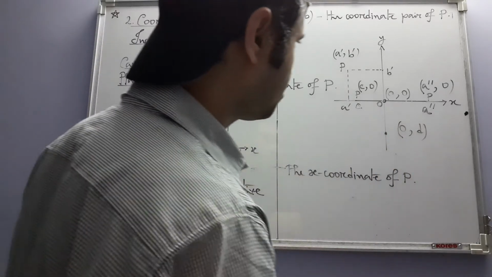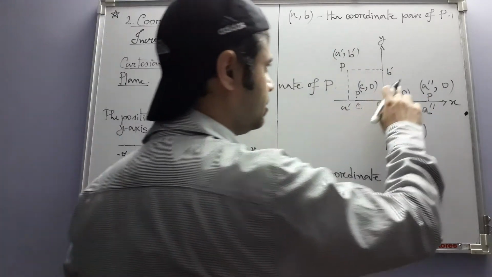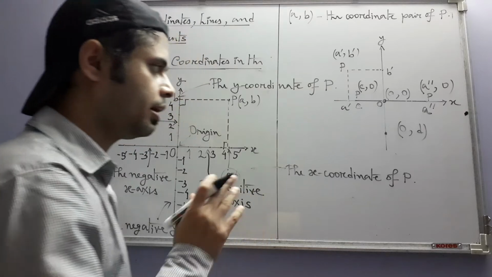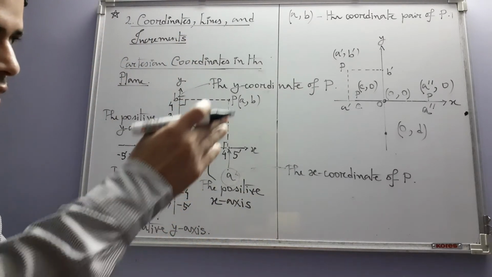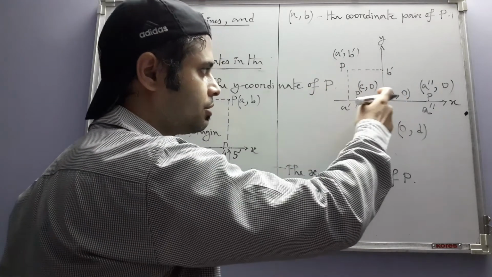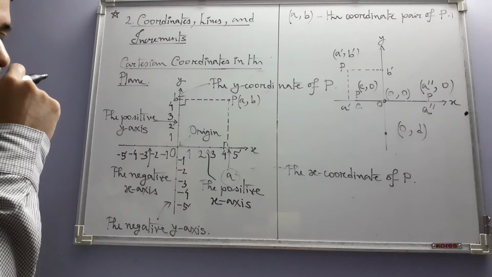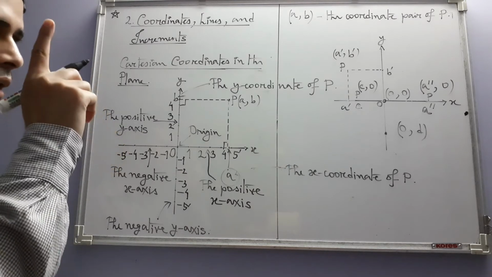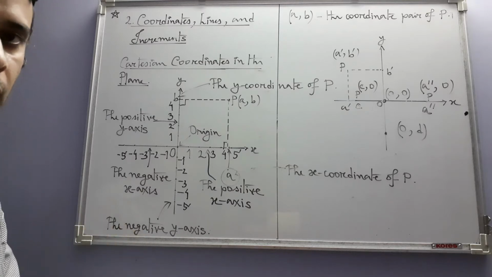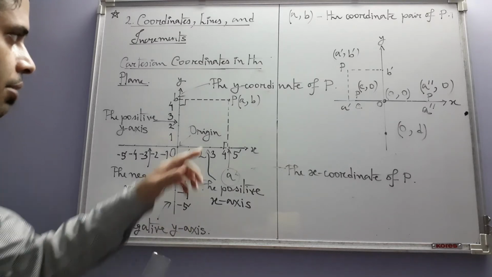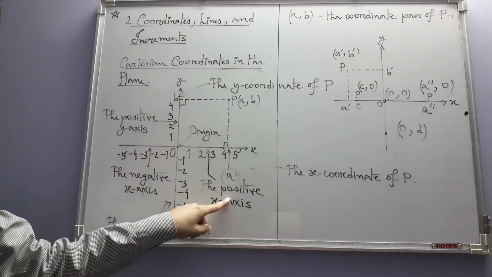But for other points that don't lie anywhere on the axis, they have both their x and y coordinates non-zero. What I am trying to say is this: if any such point neither lies on the x-axis nor lies on the y-axis, then it will lie either here or here or here or here.